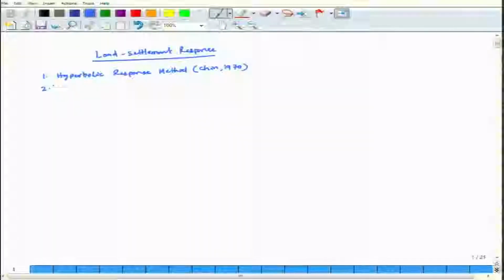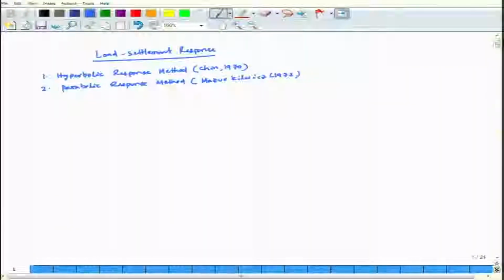The second one is the parabolic response method. It has been given by Majur Kill, 1972.